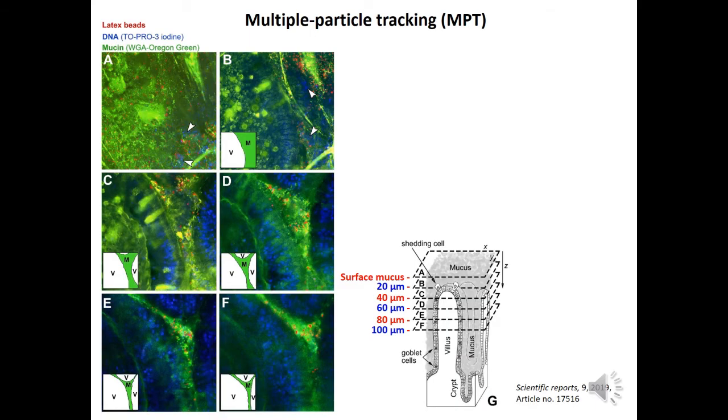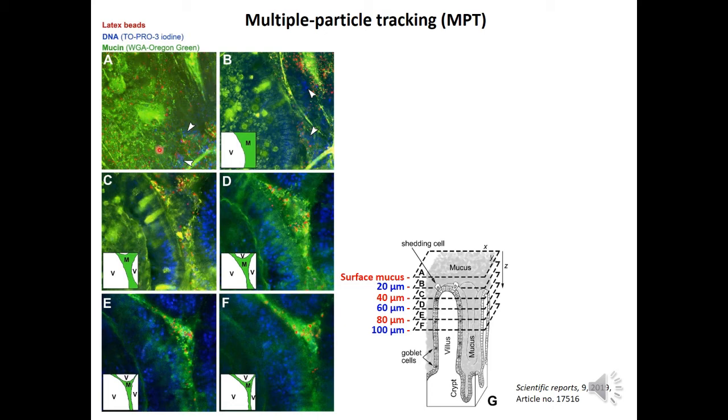The contribution of the DNA to the microstructure and permeability of mucus can be evaluated experimentally using, for example, a multiple particle tracking method. Here we have a schematic representation of the mucus located in between villi and also on the top of the tissue. On the left-hand side, we have X and Y images showing the mucus at various locations in the tissue.